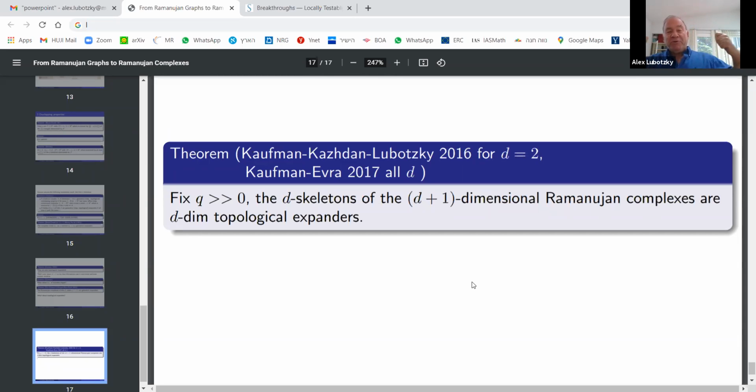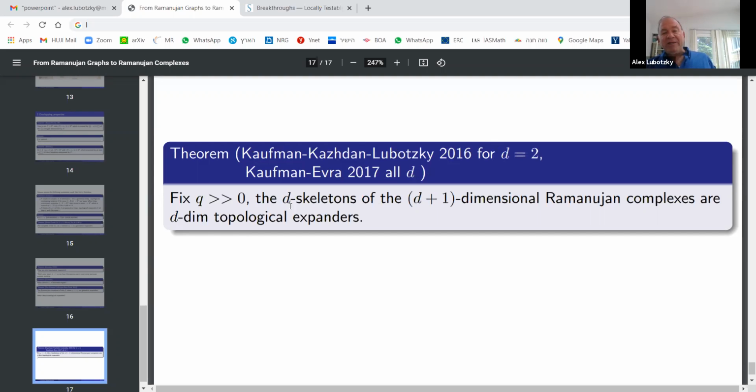What we managed to prove, this was first of all work of Tali Kaufman, David Kazhdan, and myself for dimension 2, and then my student Evra with Tali Kaufman did it for every d. We managed only to prove the following. Fix some prime p, very, very large.